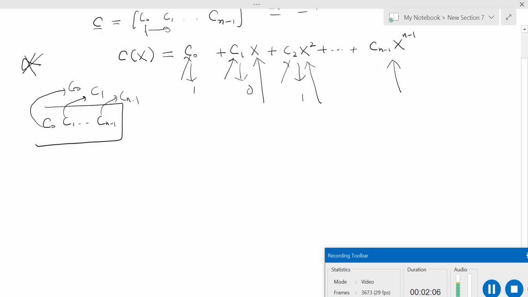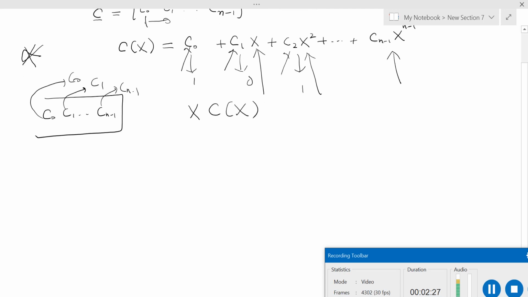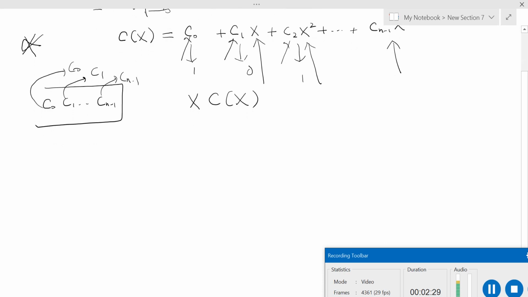Now what exactly it means is that if you want to shift this code's bits to the right side by one bit, what you should do is just multiply x by c of x. When you multiply x by c of x, it is equivalent to shifting.